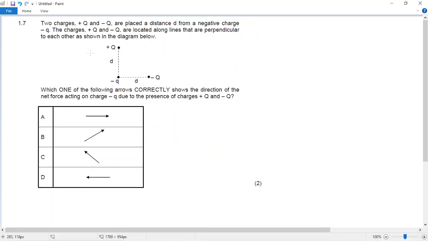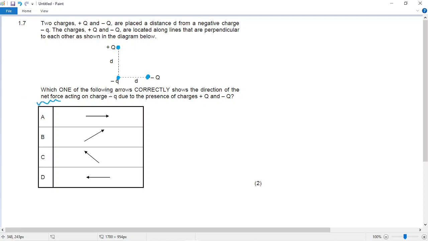Let's look at 1.7. Two charges, plus Q and minus Q, are placed the distance d from a negative charge minus little q. The charges are located along lines that are perpendicular to each other. Which one of the following arrows correctly shows the direction of the net force?